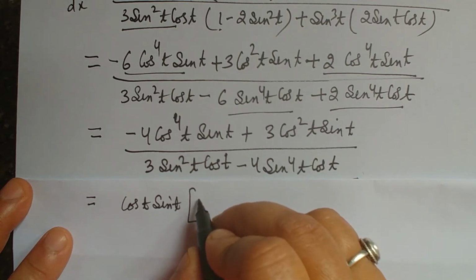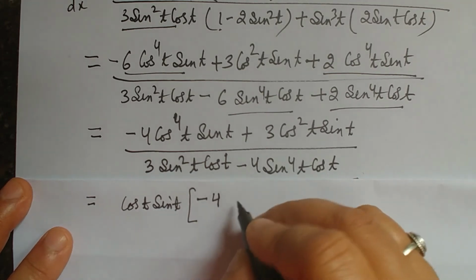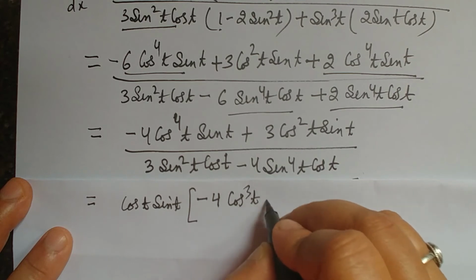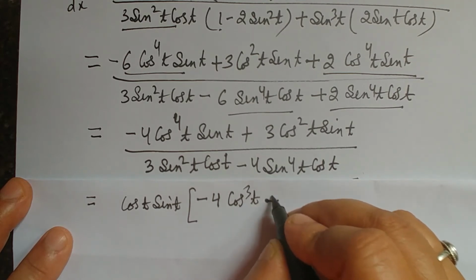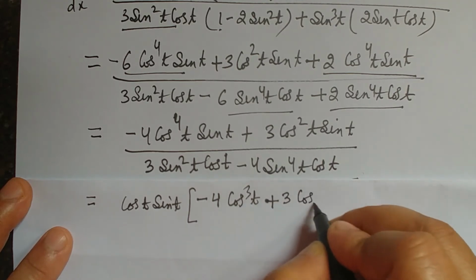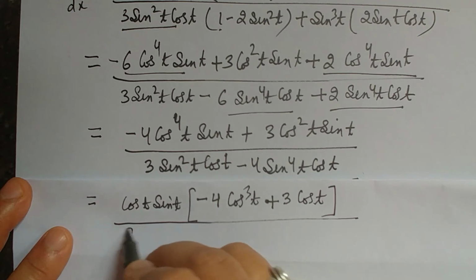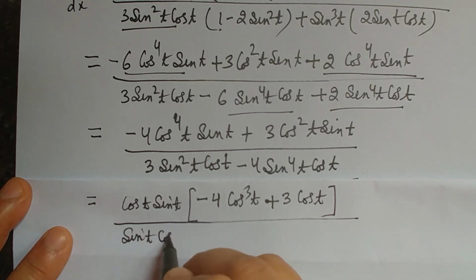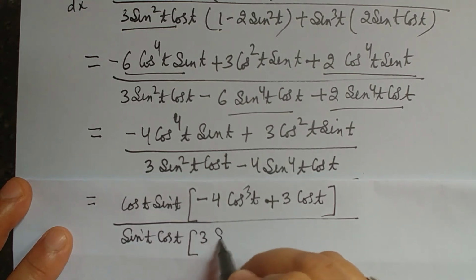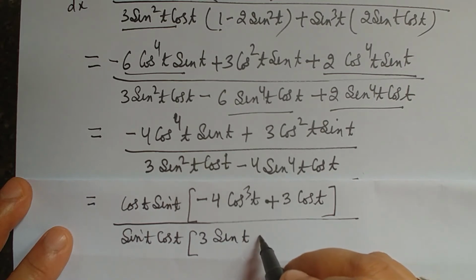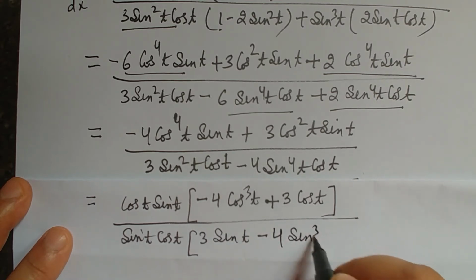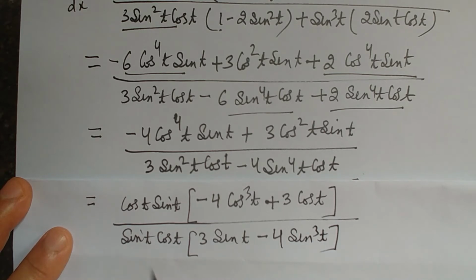So it becomes minus 4 cos cube t plus 3 cos t, as the rest of the things are common, divided by, from here also take sin t cos t common. I get it as 3 sin t minus 4 sin cube t. Okay, this gets cancelled.